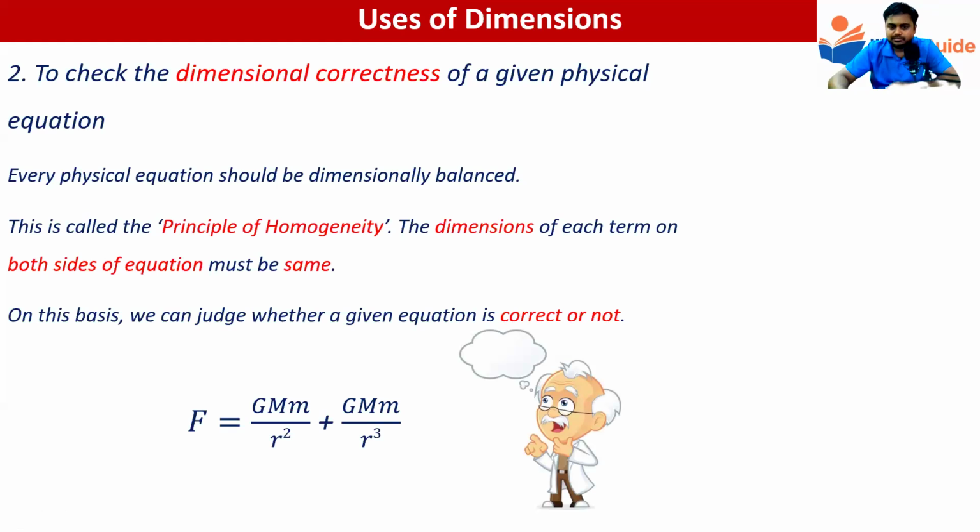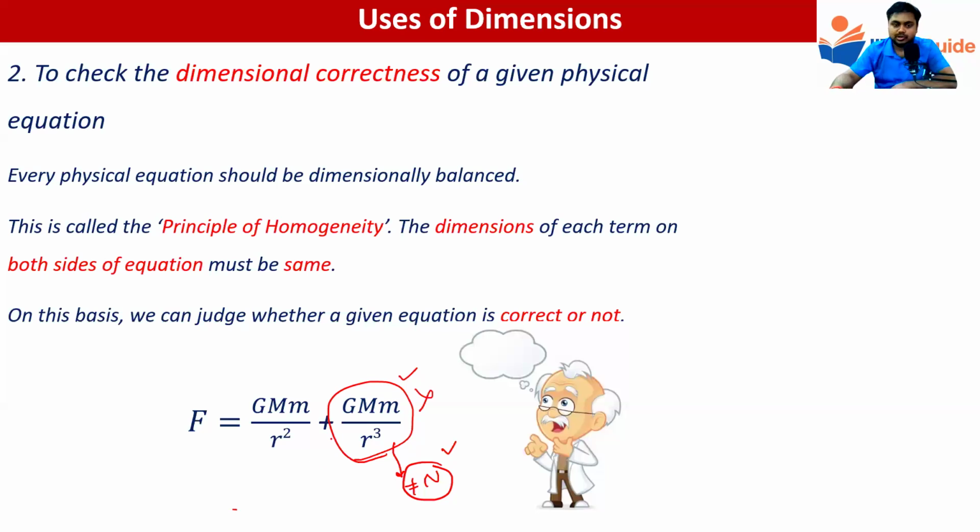So there is a scientist, after so much research, the scientist said that I have found one more value of gravitational force, which also tells GMm by r cube. But dimensionally, this is not equal to Newton. So therefore, it's going to be wrong.